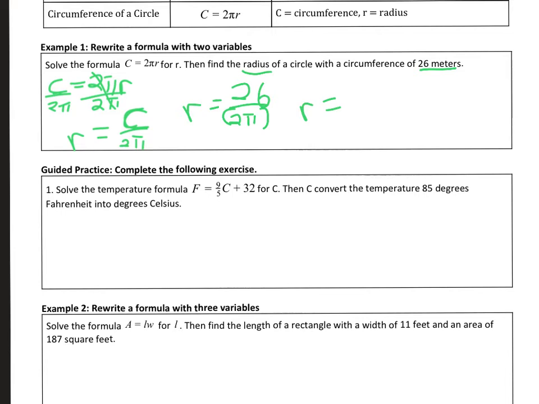We're going to round to the nearest hundredth, so I would round this to 4.14 meters as my radius after I punch that into my calculator. With a lot of these formulas you're going to be getting decimals for the most part, so if you get a decimal, just round it to the nearest hundredth, 2 decimal places, each time.